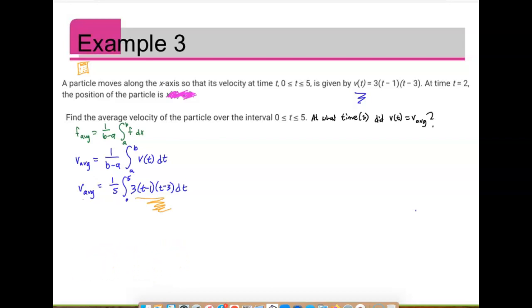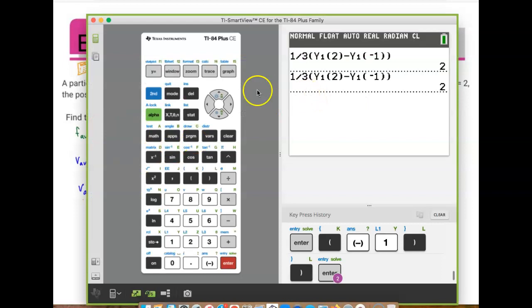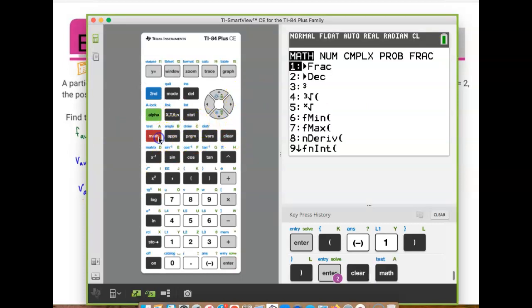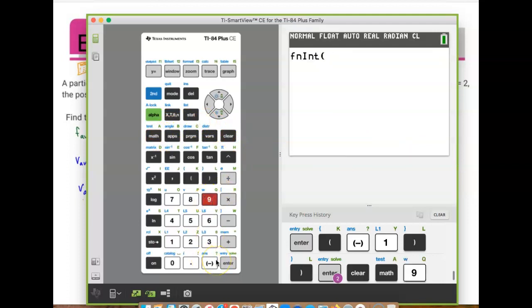So your calculator can handle evaluating a definite integral. We're just going to do math, the 9th option. I have mine set to the classic mode rather than the math print mode. For those of you who have the math print, it's pretty intuitive. It just gives you an integral: lower limit, upper limit, function, and variable.